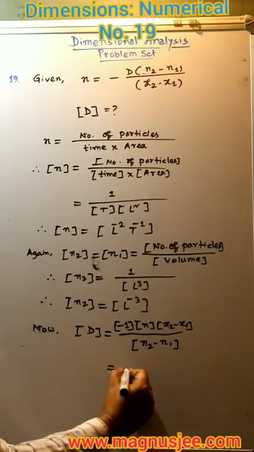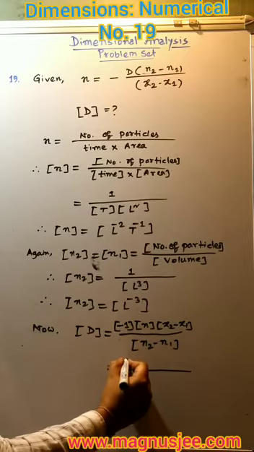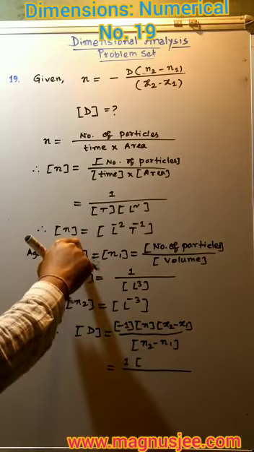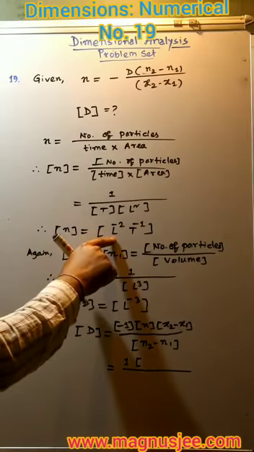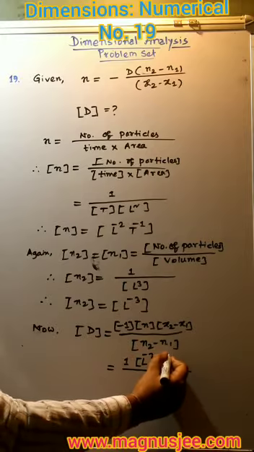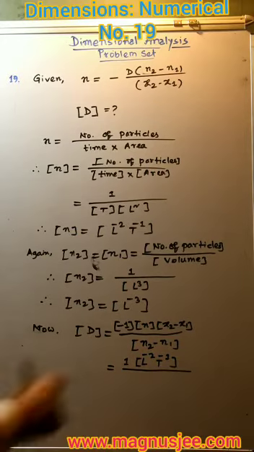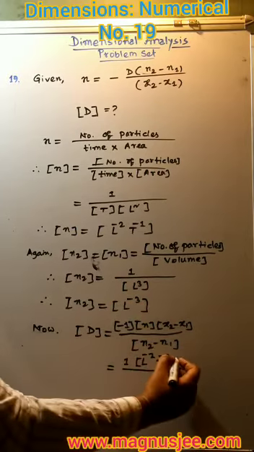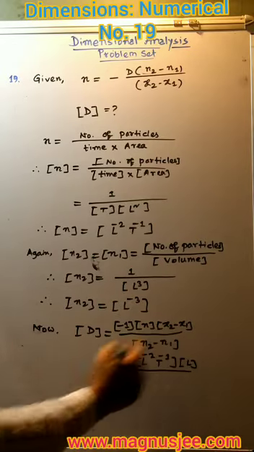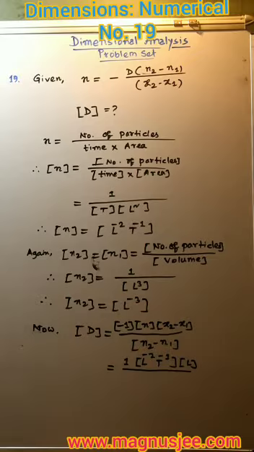Now minus 1 has no dimension, that is 1. And what is the dimension of n? N is the number of particles passing through unit area in unit time. That is L to the power minus 2, T to the power minus 1. And x2 and x1 are distances, so here we can write only L in place of x2 minus x1.